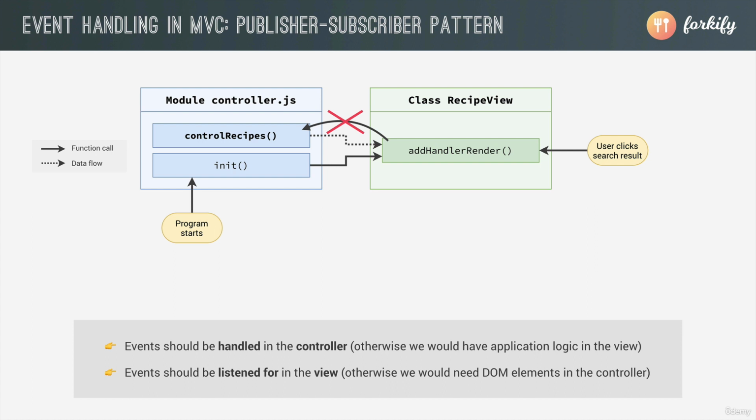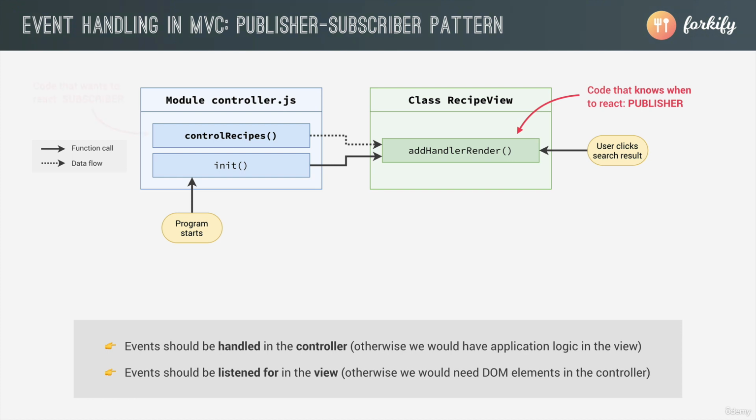And this solution is called the publisher-subscriber design pattern. And by the way, design patterns in programming are basically just standard solutions to certain kinds of problems. So in the publisher-subscriber pattern, we have a publisher, which is some code that knows when to react. And in this case, that's going to be the add_handler_render function because it will contain the add_event_listener method. And therefore, it will know when to react to the event.